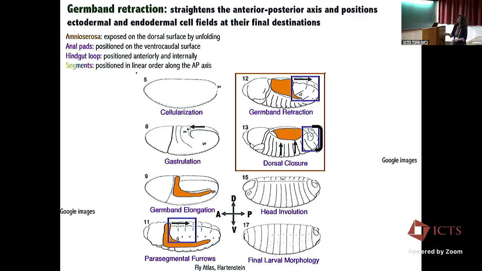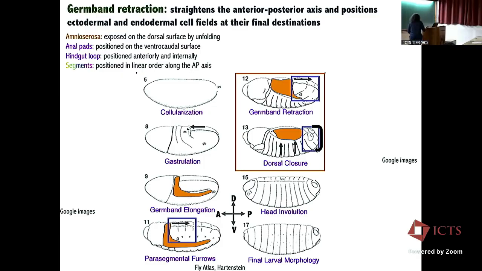The hind gut, which is part of the alimentary tract, also becomes positioned at the hind end. And the segments, which you saw beautifully in the last talk, actually become arranged in a linear order along the head-tail axis of the embryo.